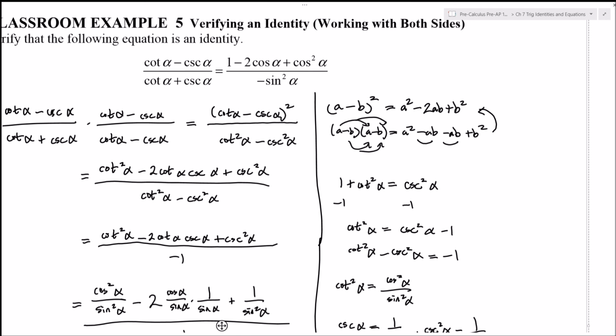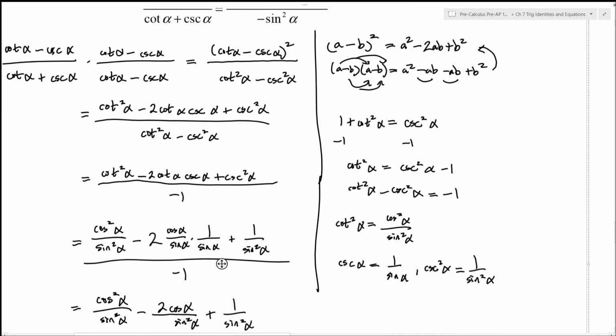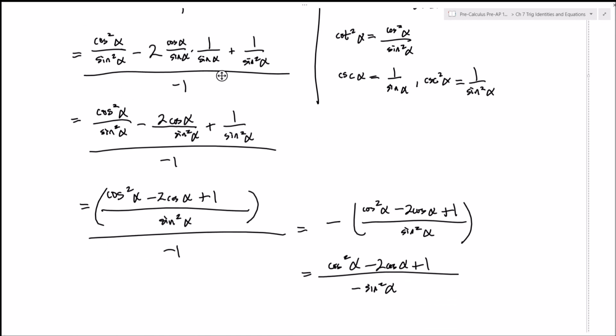Now what would I swap? The negative term, they match. -2 cosine alpha are the same. The cosine squared alpha shows at the end, the 1 shows up at the beginning. So you're just swapping these two out with each other. And that's okay. The order in which we add or subtract mathematical quantities, if they're already signed, doesn't matter. So you just have to make sure that you keep the sign when you're swapping terms.